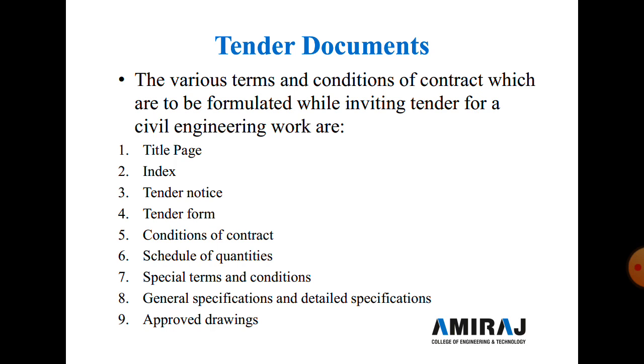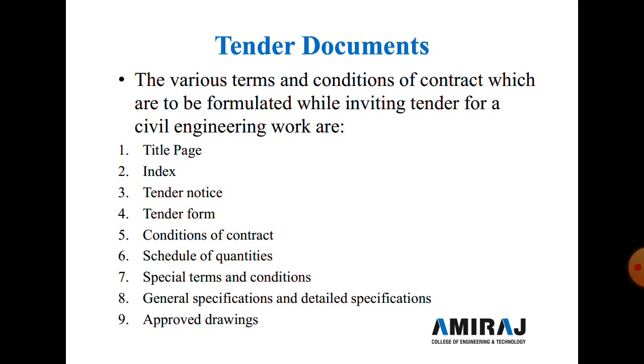Then second document is the index. It contains all the items of the contract document along with the corresponding page numbers. One by one all the documents attached in the tender documents are listed, and the index page comes after the title page.